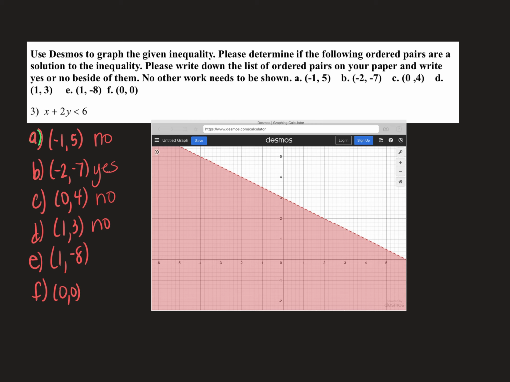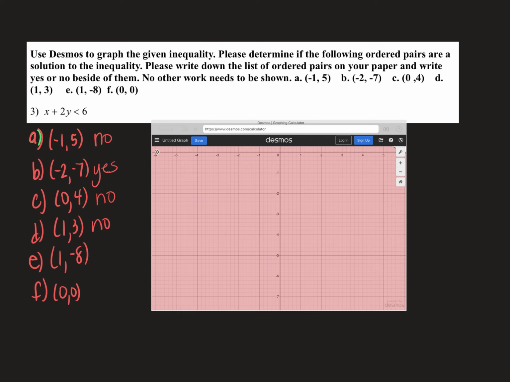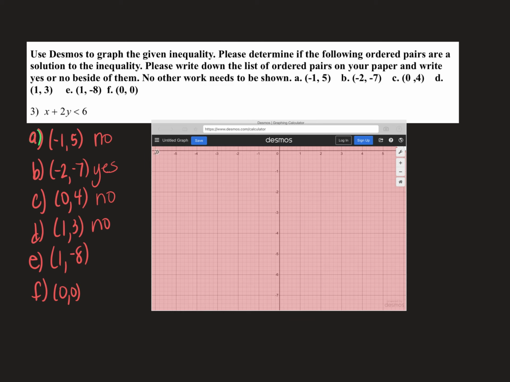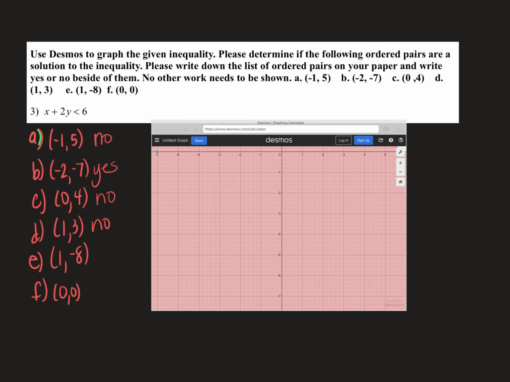Then I will do 1, -8. I'm going to move that graph around to try to show you. Go back to the origin, go right 1 and down 8.